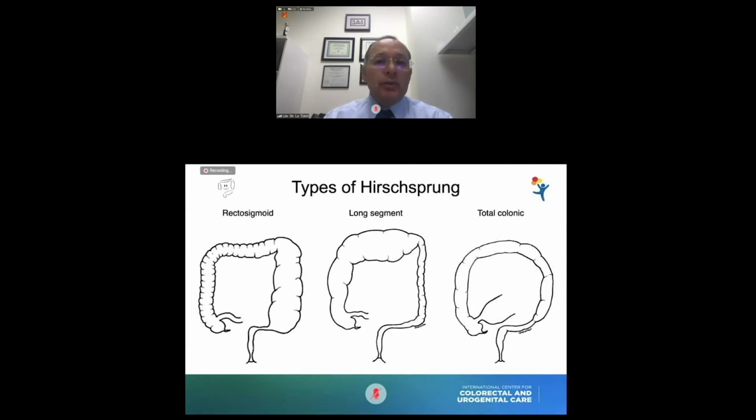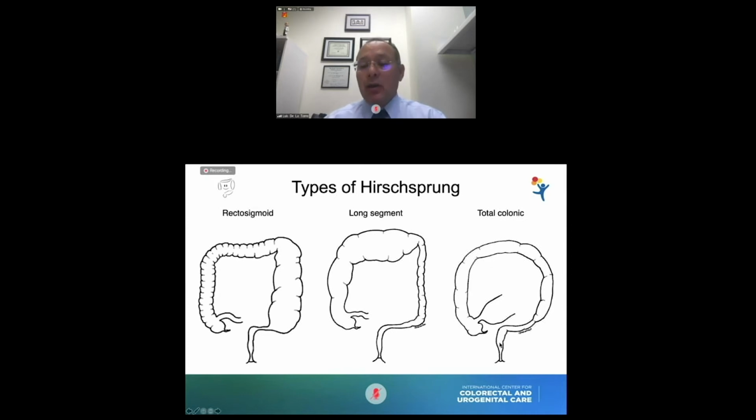Talking about Hirschsprung, there are three types that you need to understand and know. One is the rectosigmoid, the second is the long segment, and the third is the total colonic. The rectosigmoid, as its name says, affects the rectum and the sigmoid. The long segment affects the rectum, the sigmoid, and the left colon.